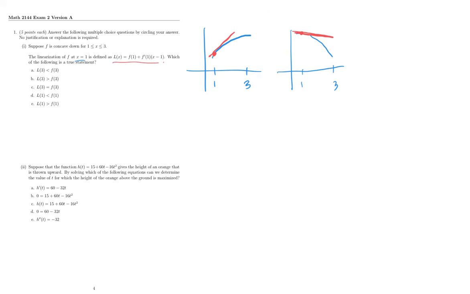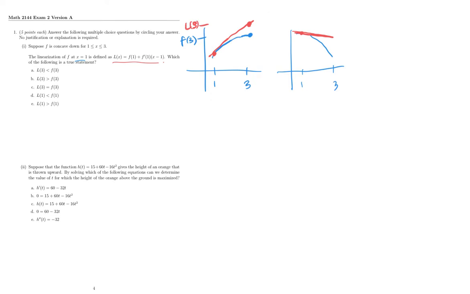And so then it asks, which of the following is a true statement? So it's asking you to compare the linearization at 3 with the function value at 3. So in this case, when the function is concave down, f of 3 is here, and the linearization at 3 is this value here.